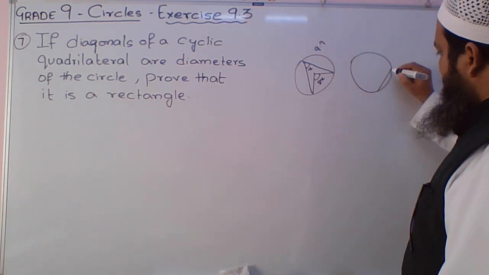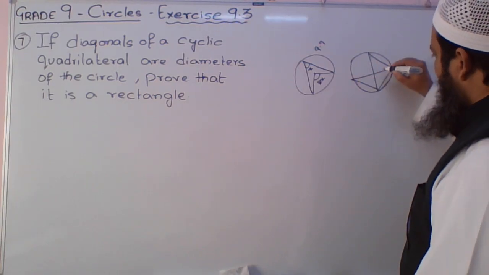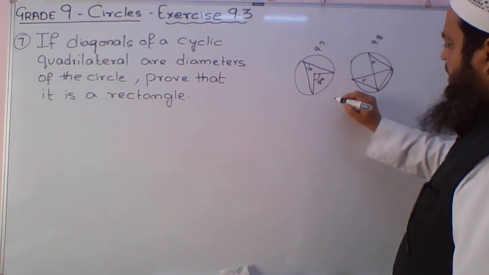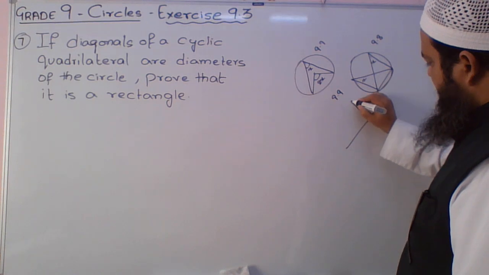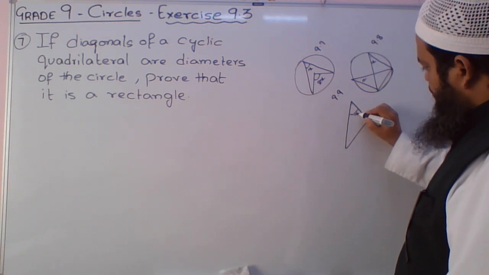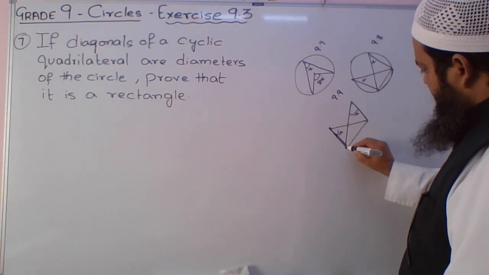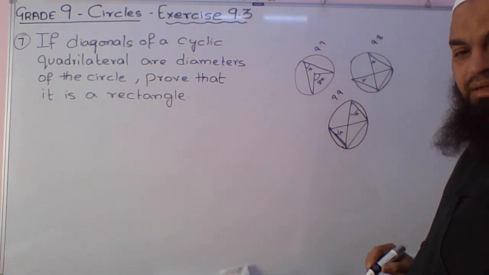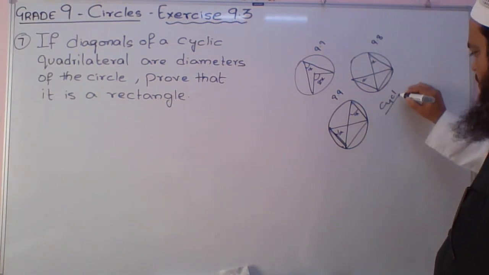The angles subtended by a chord or an arc in the same segment are equal. This is 9.8. And what is 9.9? If a line segment subtends equal angles at two different points, then these 4 points lie on a circle. Understood or not? After that we have seen the cyclic quadrilateral.